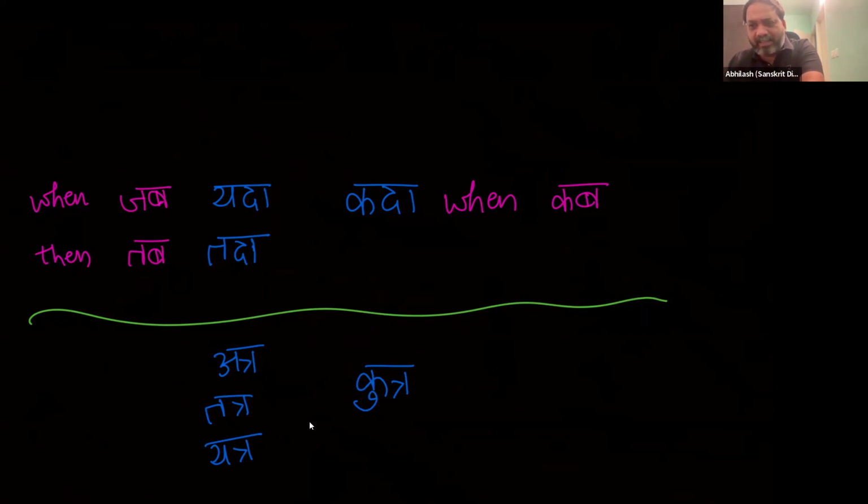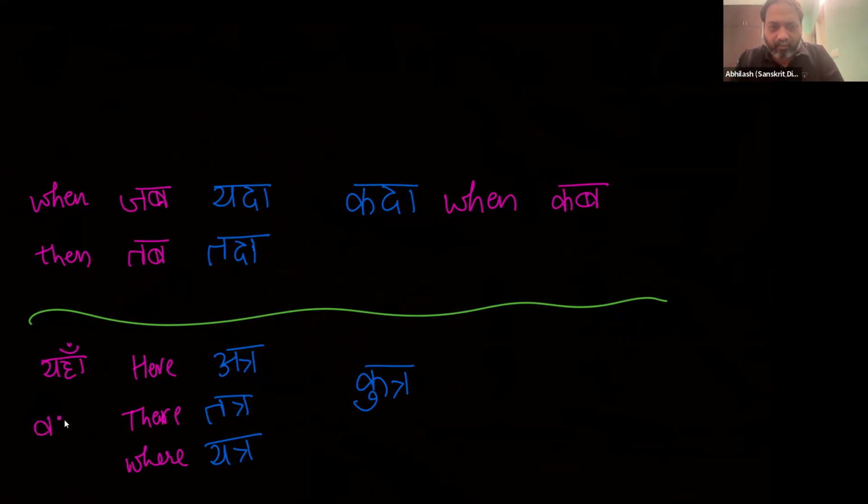We use the same kutra interchangeably with yatra. This is "where" in context. But in Hindi, this would sound like, my handwriting is especially bad today, yahan, wahan, and jahan.